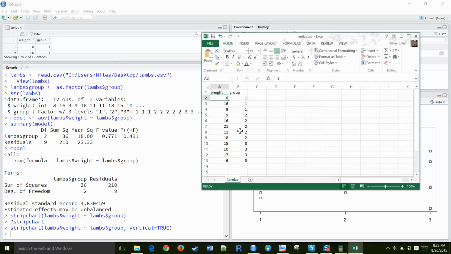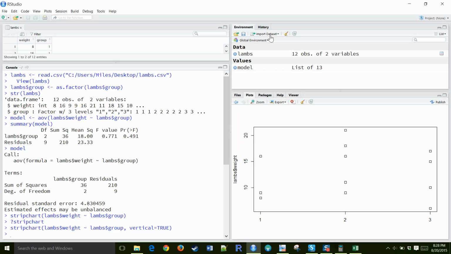If I show you the structure of lambs 2, you can see group right now is an integer, so I just need to reassign that. Lambs 2 $ group, we want to be as dot factor, lambs 2 $ group.